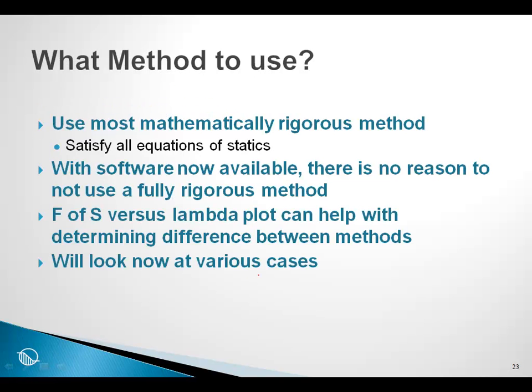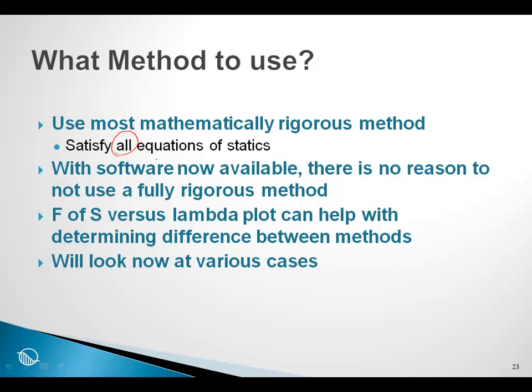To this very day, many people still ask the question, what method should I use? Our recommendation and response is that you should use the most mathematically rigorous method. You should use a method that satisfies all equations of statics. That means a Spencer or a Morgenstern-Price type of method.